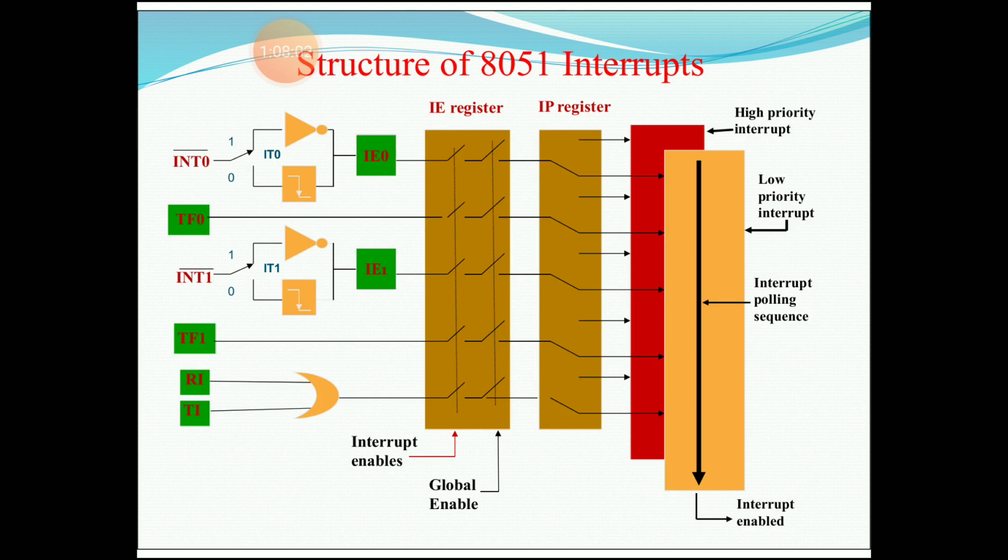So this is the diagram showing the structure of 8051 interrupts. This diagram allows 5 interrupts from different sources. 2 interrupts belong to external interrupts INT0 and INT1. These 2 interrupts may be either level triggered or edge triggered, depending upon the IT0 and IT1 bits of the TCON register. If IT0 equals 1, then the controller accepts that interrupt signal as an edge triggered interrupt, and 0 means level triggered.